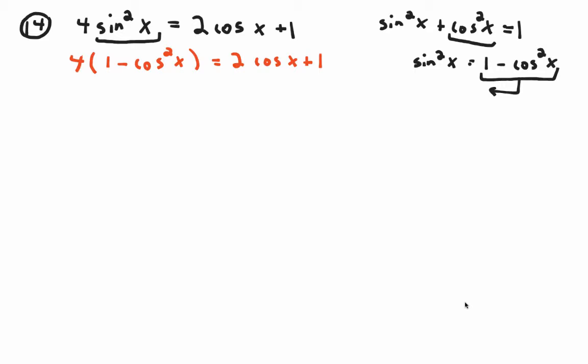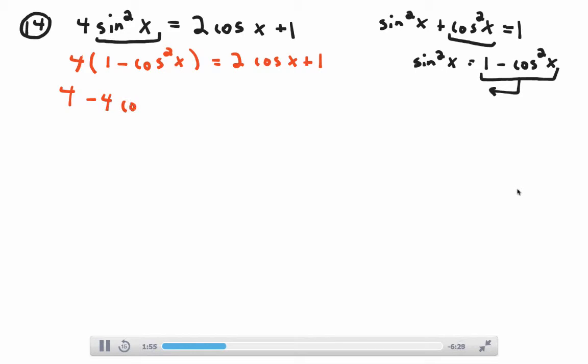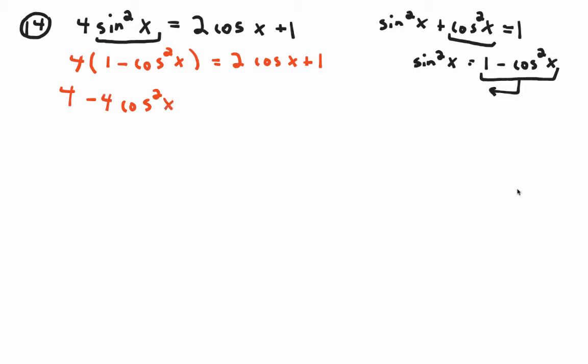You may not see it yet, but we're going to distribute. The distribute is going to be 4 times 1, which is 4, and 4 times the cosine squared x is minus 4 cosine squared x equals 2 cosine x plus 1.